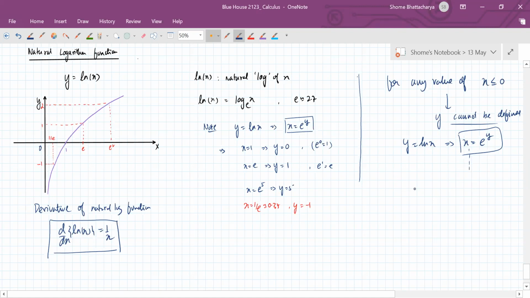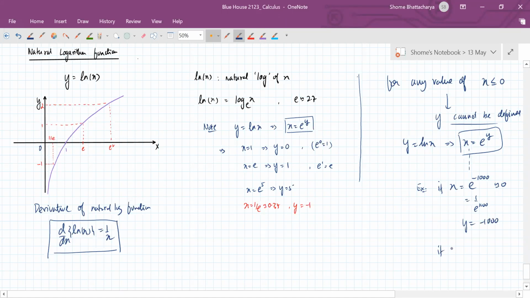So basically, for example, if x is equal to e raised to the power minus 1000, which is almost tending to 0, because this is 1 by e raised to the power 1000, then y's value is minus 1000.